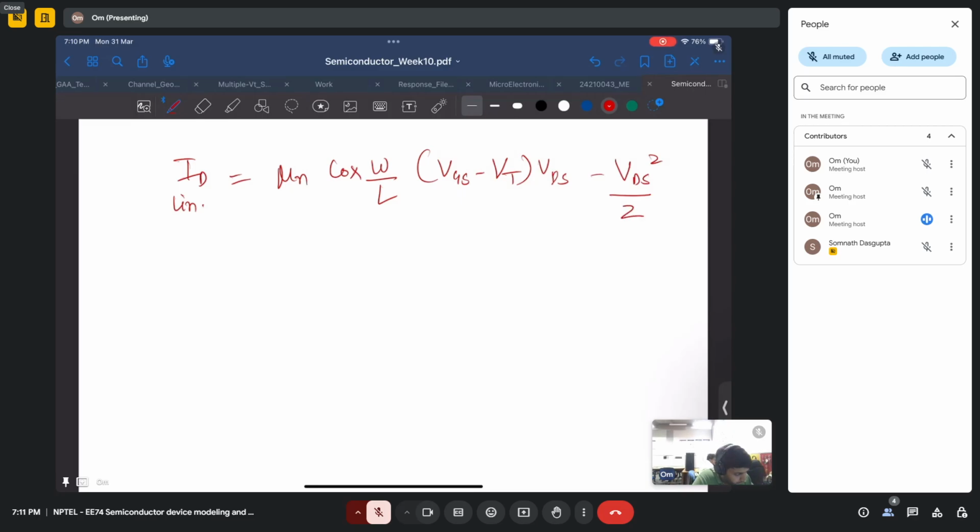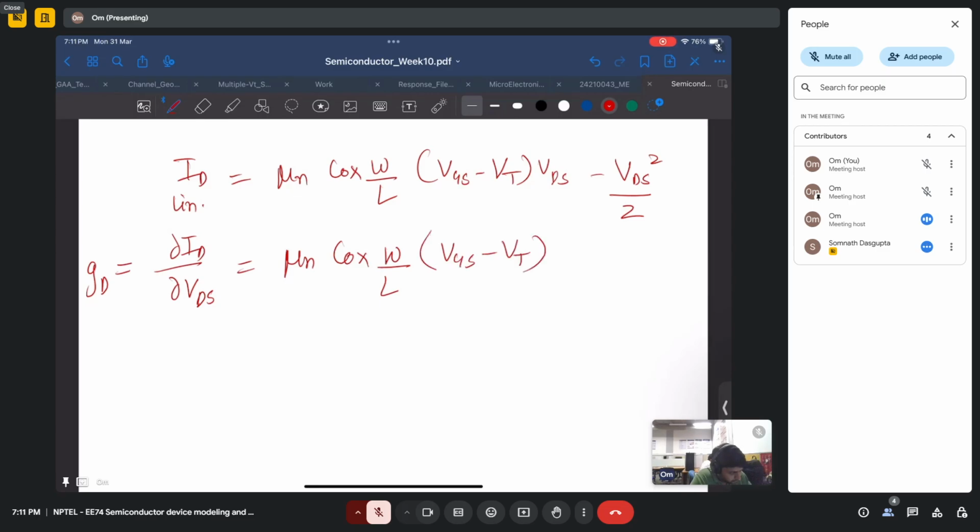Now if I do del ID by del VDS, let me call this term GD, it is mu n C ox W by L (VGS minus VT). Right. So your mu, and here let me call it effective.